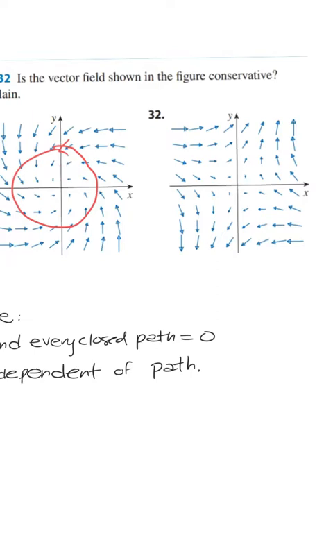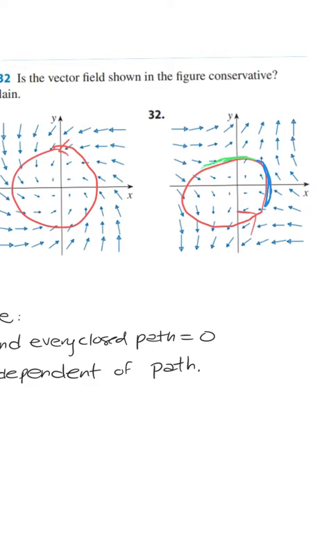Whereas this one, if we were to draw a closed path, let me just draw a random closed path, what might the work be around this? Here we're going with the flow, so we're accumulating positive work. Then we're going against the flow, so we're accumulating some negative work.